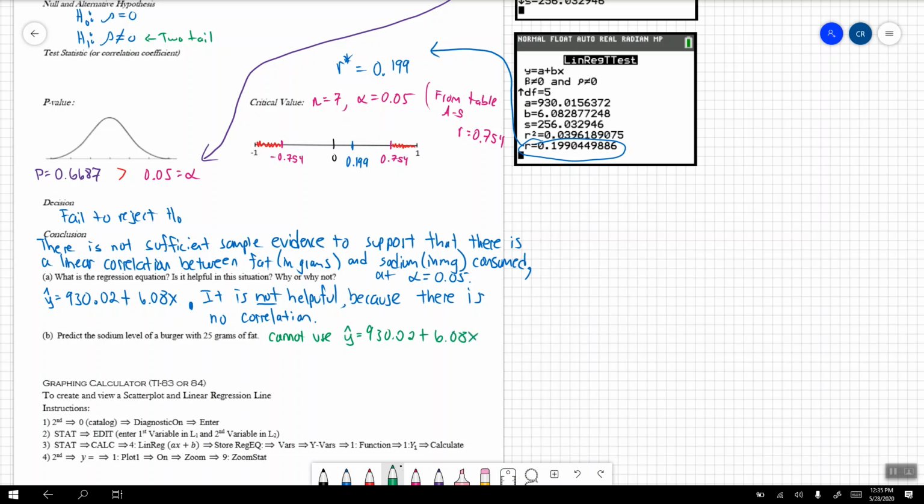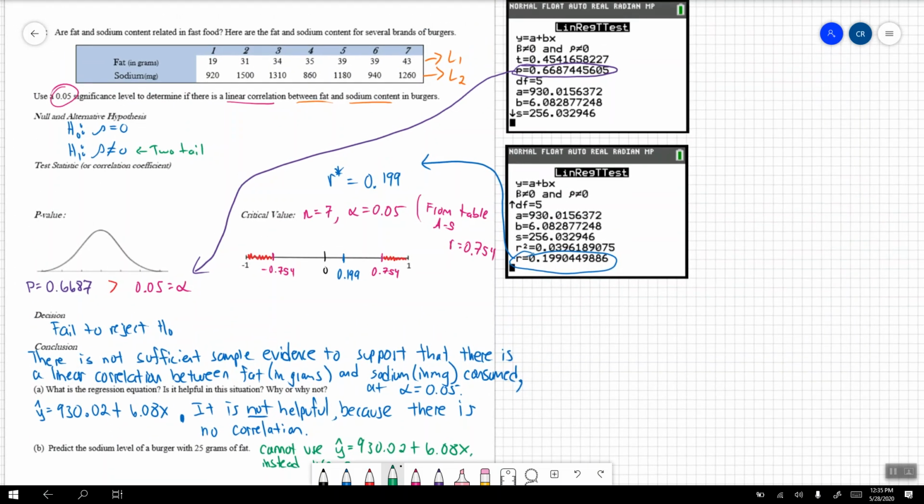So be very, very careful with that. Instead, we have to use y bar, in other words, the average of the y values. So how do we find the average of the y values? Let's go through and find it.